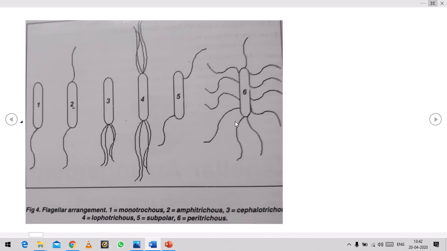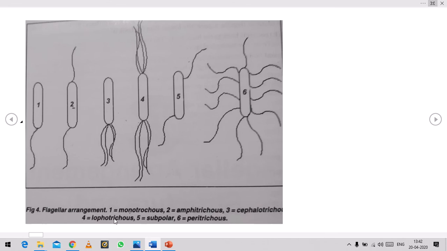In the case of spirilla, the two polar tufts of flagella rotate in the same direction and they never tumble. In endoflagellated bacteria like the spirochetes, the flagellar axial filaments are embedded in a sheath which is located between the cell membrane and the cell wall.